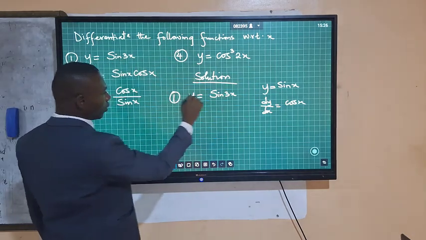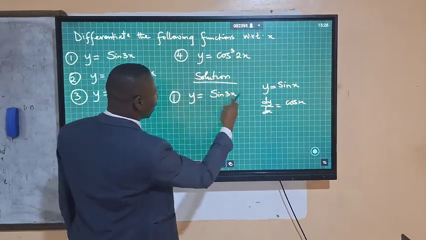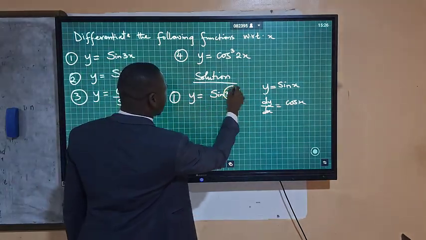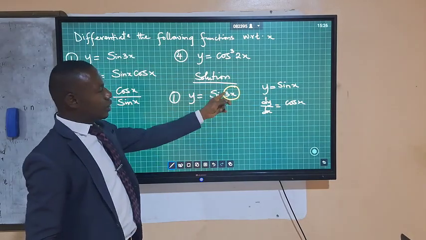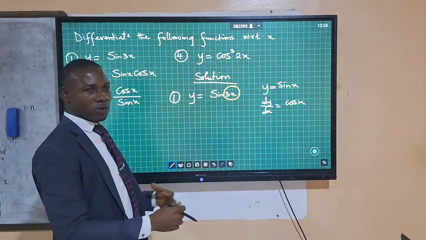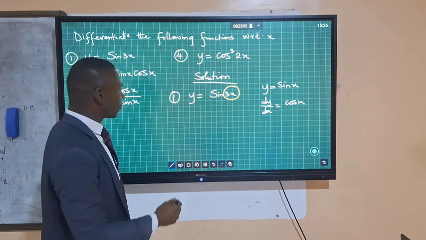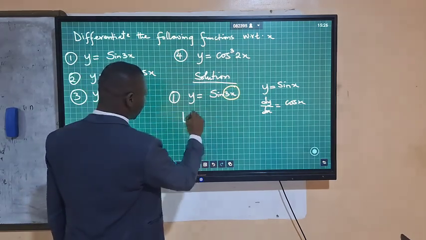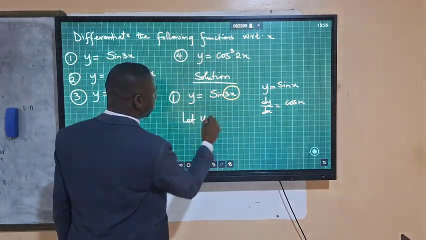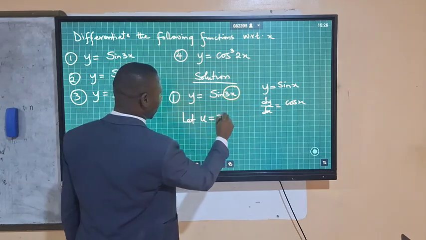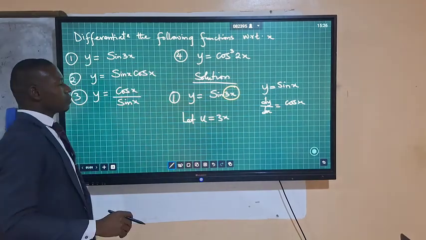So, we go this way. Let's assign value to this 3x. That is where the function of function is coming from. We say let u be equal to 3x. Okay?